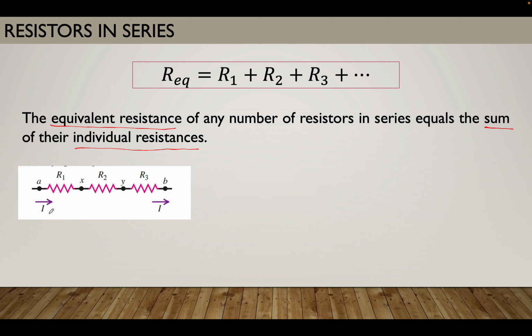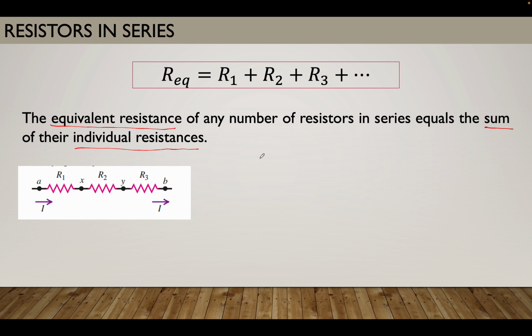Okay, so this is what resistors in series look like. Let's say again we have three resistors R1, R2, and R3 from point A to point B. So when we say series, naka-line up silang tulo, or naka-line up ang mga resistors.